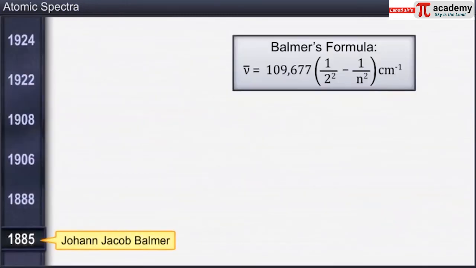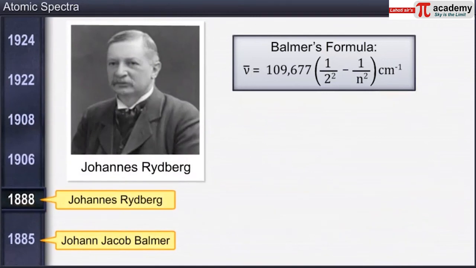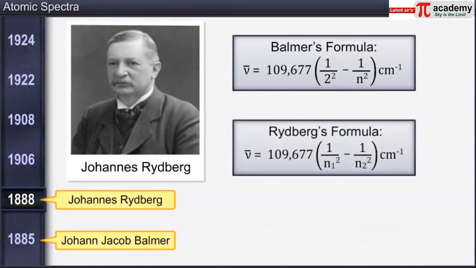Balmer's formula inspired the Swedish spectroscopist Johannes Rydberg to come up with a modified formula to describe all series of lines in the hydrogen spectrum. The equation may be written as wave number nu bar is equal to 109,677 multiplied by (1/n1² minus 1/n2²) per centimeter.